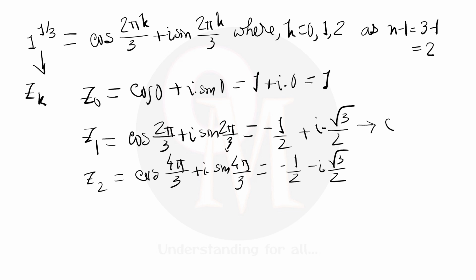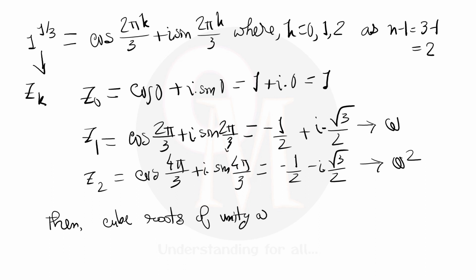We denote this as omega and this as omega square. Then the cube roots of unity are 1, omega and omega square. Then the equation we are given was (x plus 1) whole cube is equal to 1, which implies x plus 1 is equal to a cube root of unity.